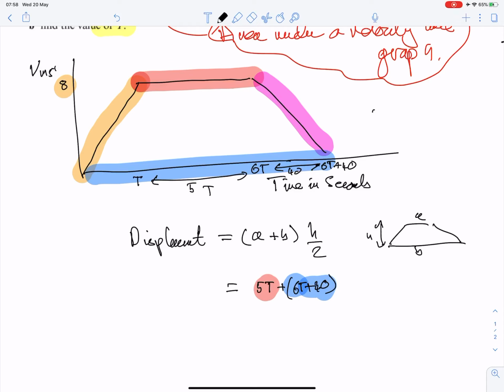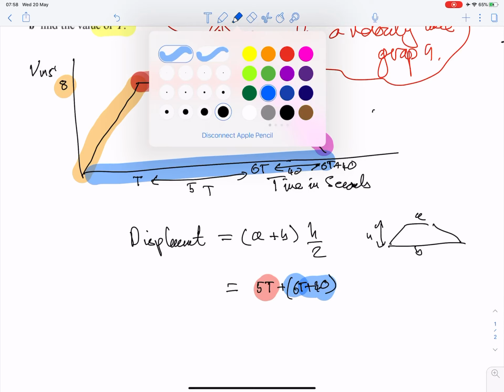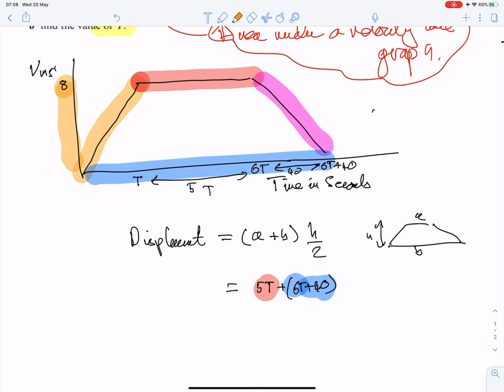And then h over 2, so h is that section there. Hang on, we don't actually want h, we want times 8, which is the height, over 2, so that's that bit.